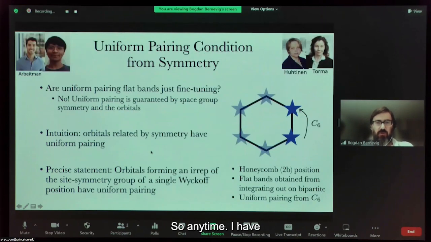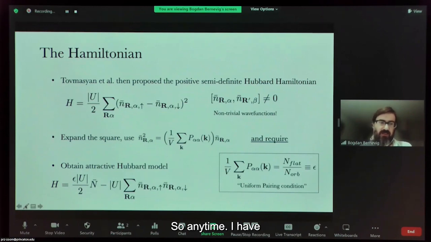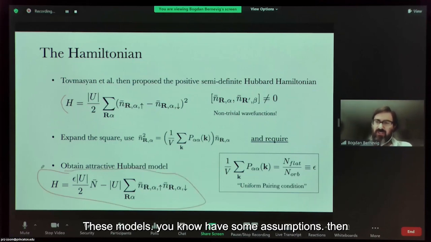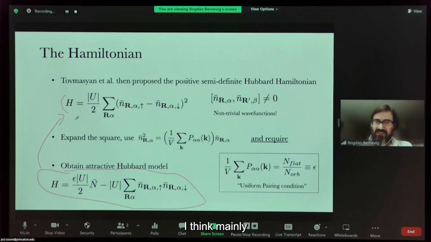But the moral of the story is that we want to first look at flat bands under this Hamiltonian, the attractive Hubbard model, which is equivalent under the uniform pairing condition to this Hamiltonian, a positive semi-definite repulsive Hubbard model. Because it's positive semi-definite, we can find the ground state of this one, and then we have found the ground state of the negative Hubbard model.